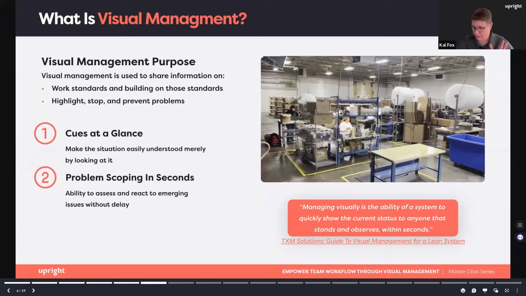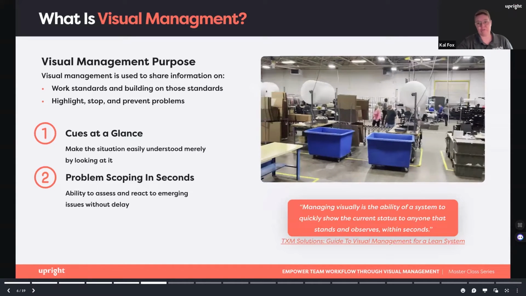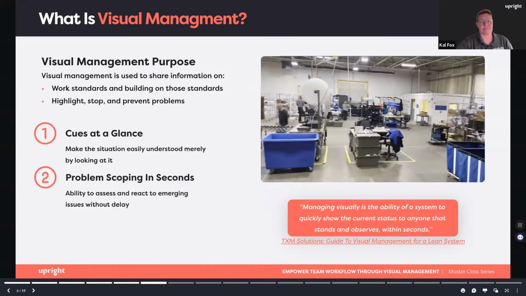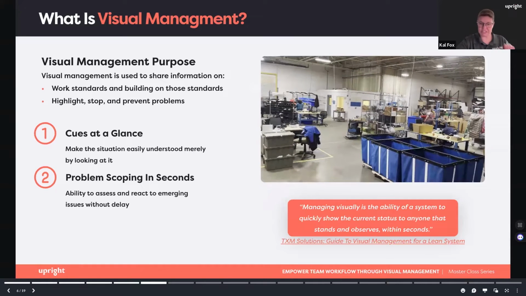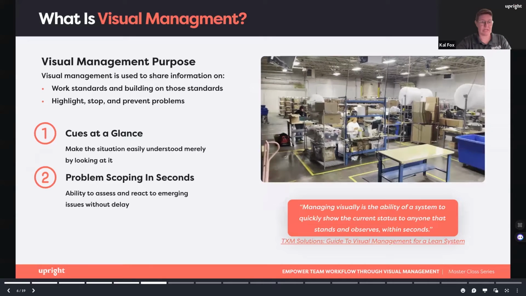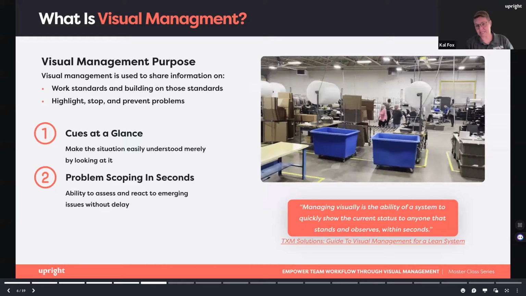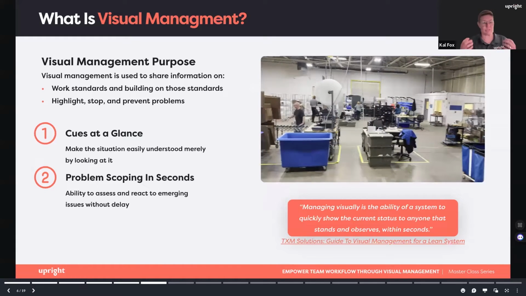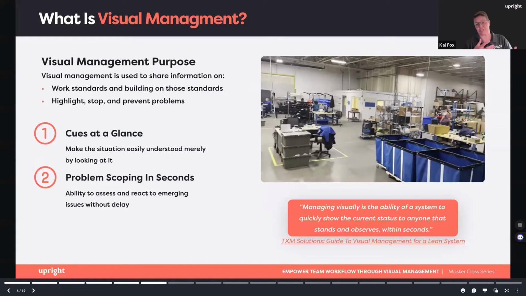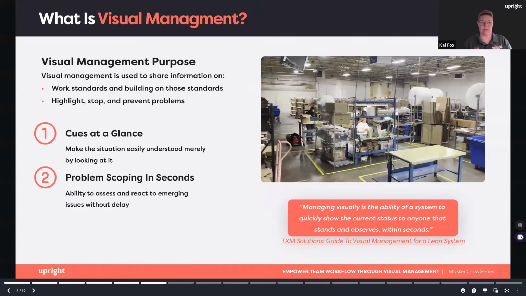So what is visual management? In a nutshell, visual management is about immediate recognition and the ability to take immediate action. An example of the difference might be if I'm taking a deep dive into some data and I'm really digesting a spreadsheet to extract data and things like that, that is not what I'm talking about here.